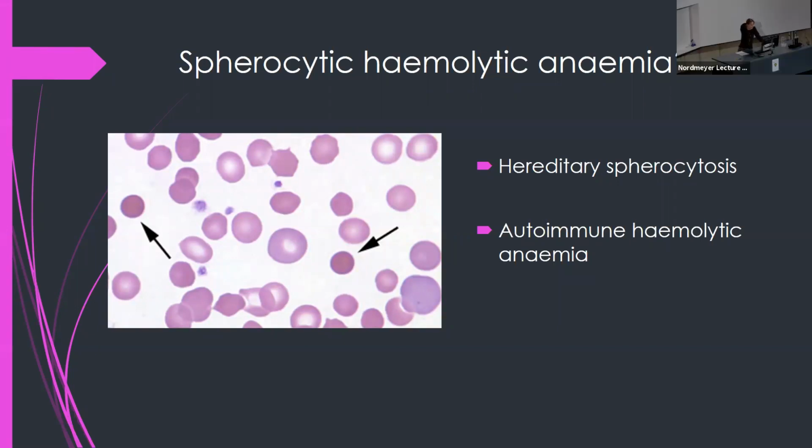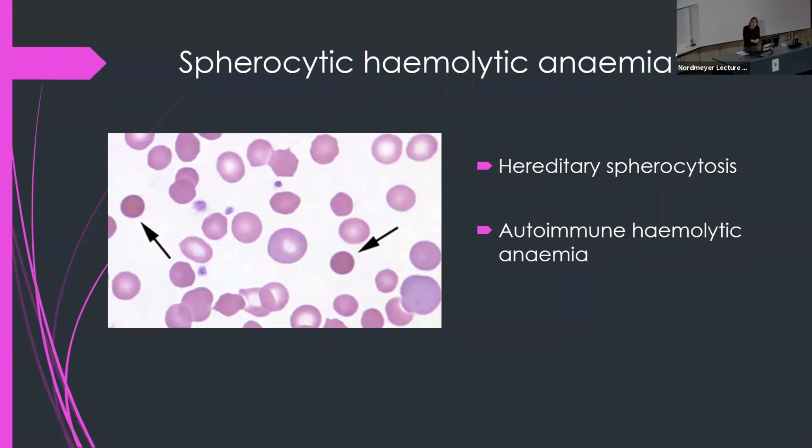My understanding is they cause the red cells to have bits of red cell membrane taken out of them by the spleen as they go through. And they end up being spherical because they lose more membrane than contents. And the only way, if you're a biconcave disc and you lose membrane but not contents, is to become a sphere. So that's why they look dark when squashed onto the blood film.